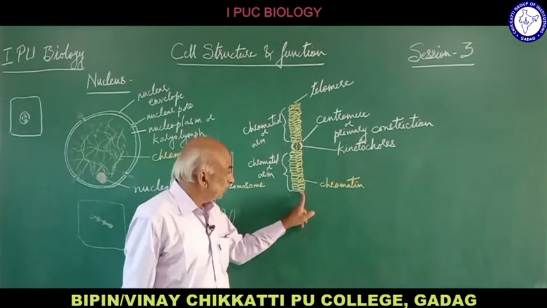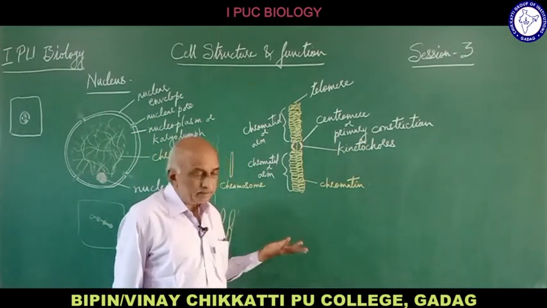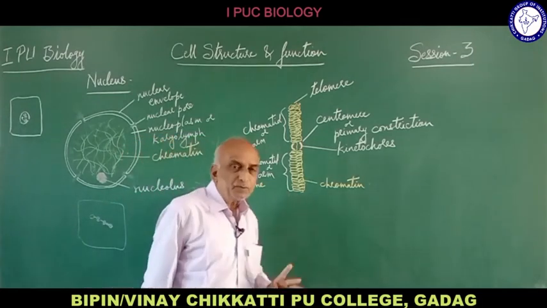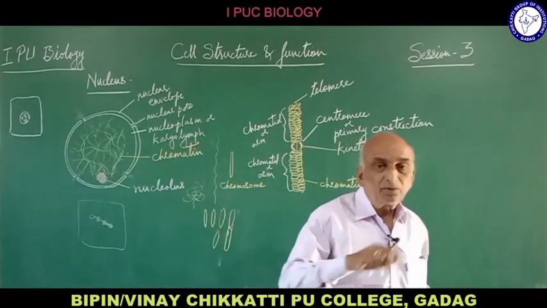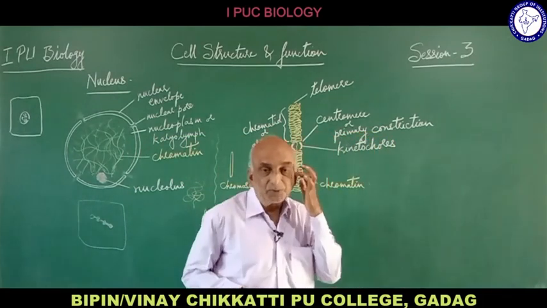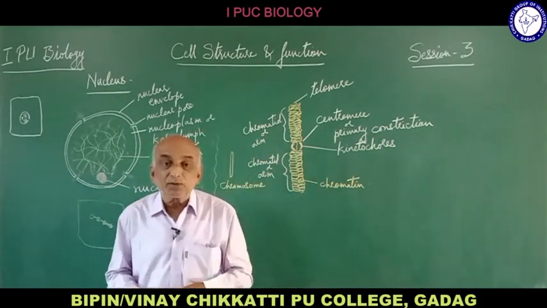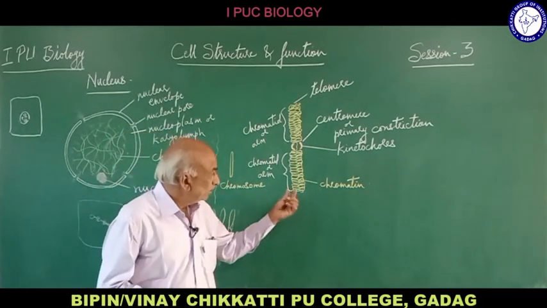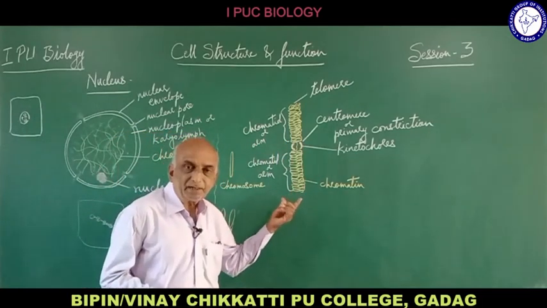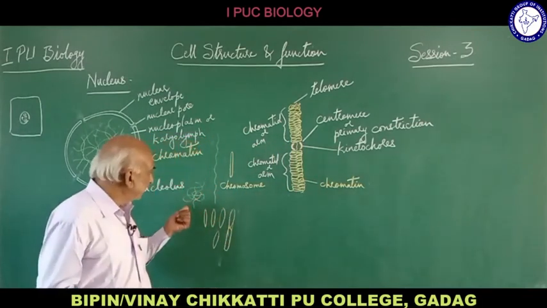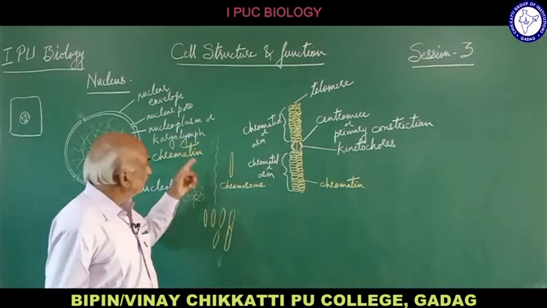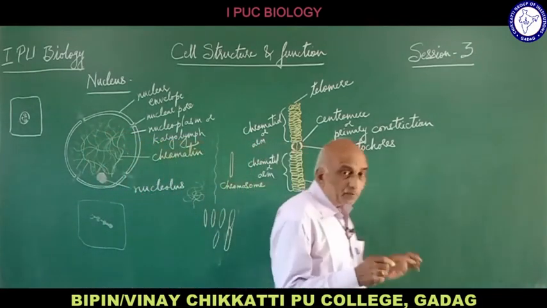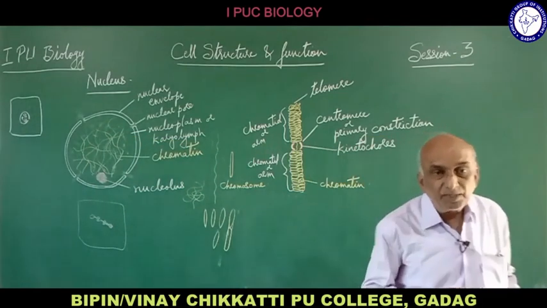So the chromosome size differs. That is one thing. And in some chromosomes, one or two of the total chromosomes have some extra structure, but the chemical composition is the same. The chromosome is made up of DNA and protein. As we already said, chromatin is made up of DNA and protein. So chromatin changes into chromosome only in its morphological appearance. There is no chemical change.